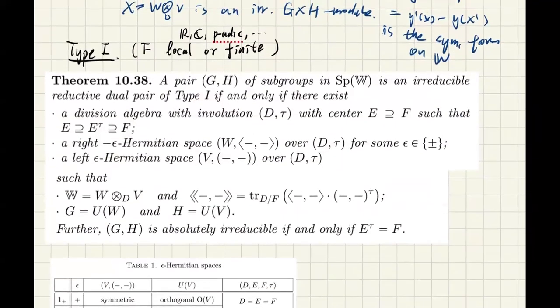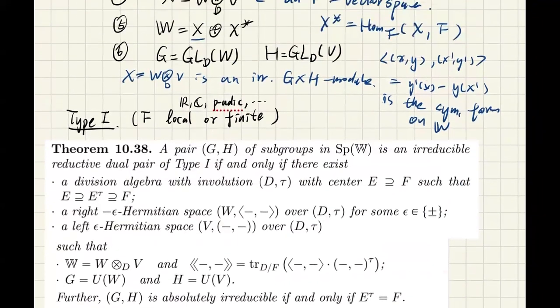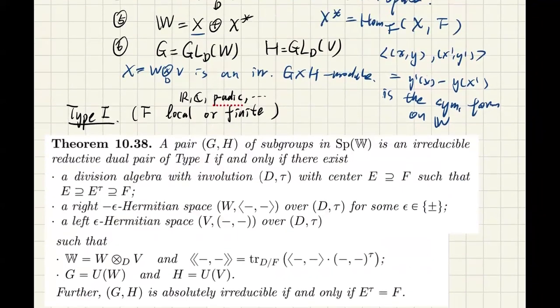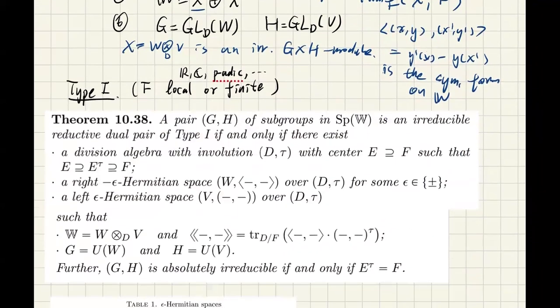The type 1 case is also actually simple. In this case, the W itself is a tensor product of two spaces. The construction is like this: G and H in Sp(W) form an irreducible reductive dual pair of type 1 if and only if there exists a division algebra D with an involution tau.